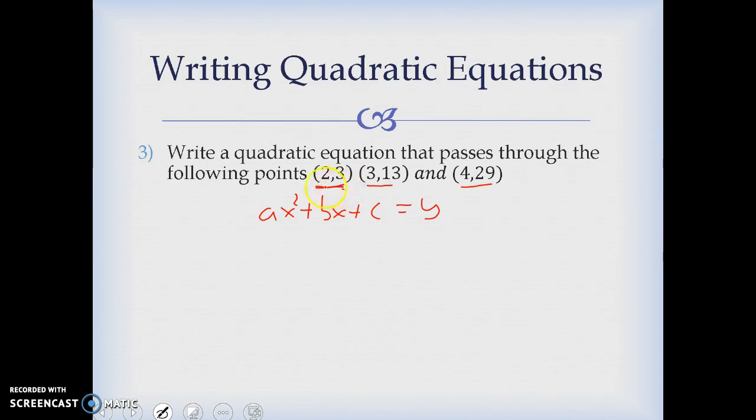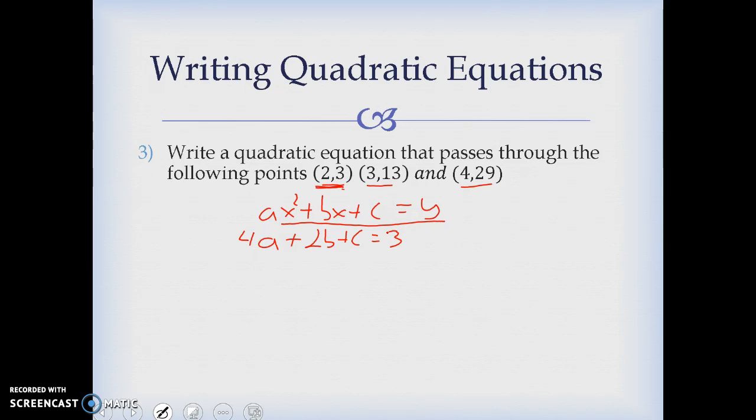So if I take this first point where x is 2, I'm going to have a times x squared. Well, that's 2 squared. That's 4. So I'm going to call it 4a plus b times x. Well, that's b times 2. I'm going to call it 2b plus c equals the y value, which is 3.